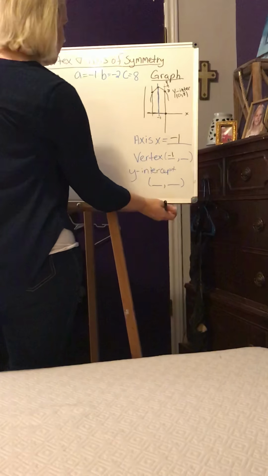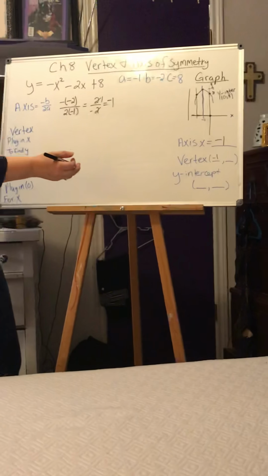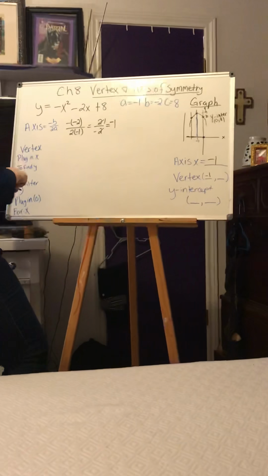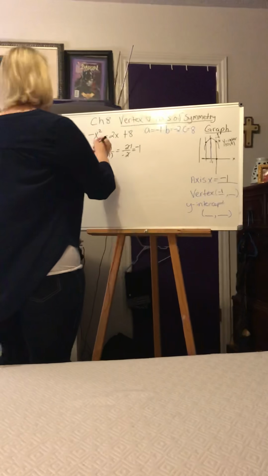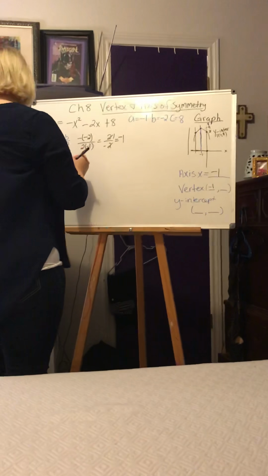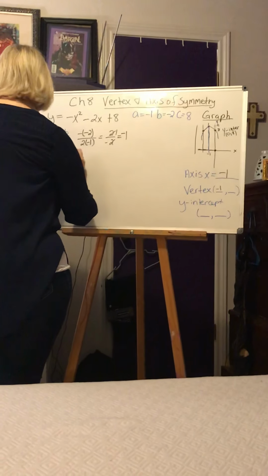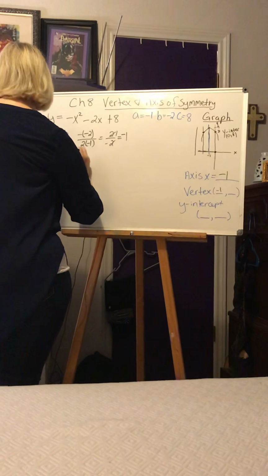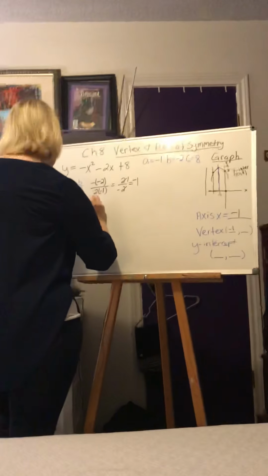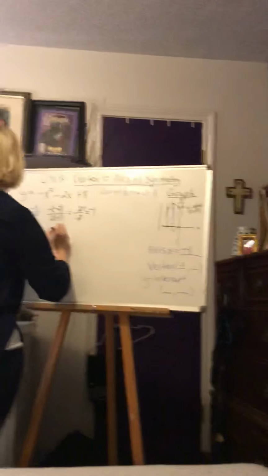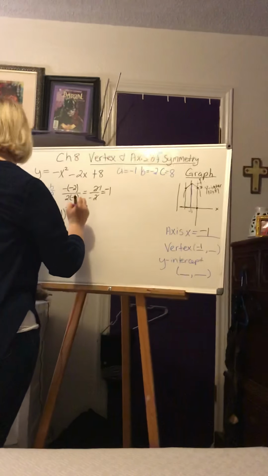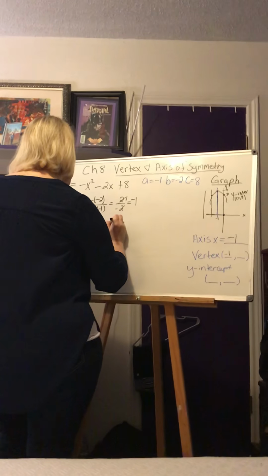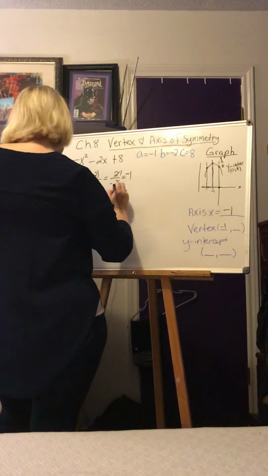So now we're going to find the y coordinate of the vertex, and to do that, we're going to plug x in to find y in our equation. So we'll have negative times negative 1 squared minus 2 times negative 1 plus 8.